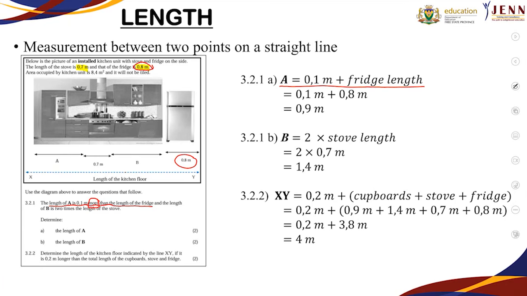So the length is 0.1 meter plus 0.8 meter, and the length is 0.9 meters. So in essence, the length of A is 0.9 meter. That is the distance from where the kitchen unit starts up until before the stove. So that is A, okay.